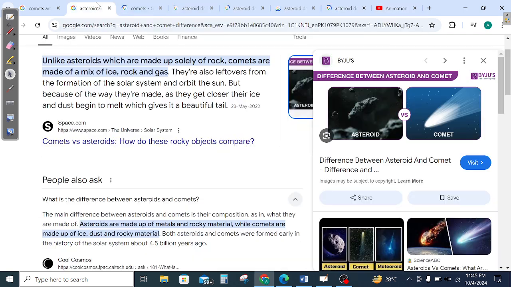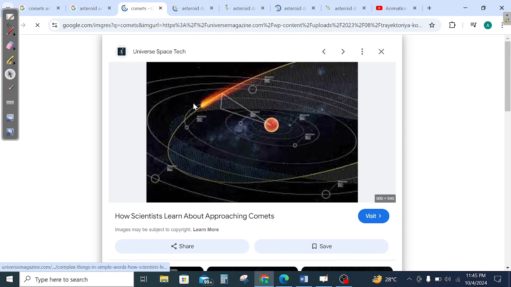I will refresh all the things so that you can understand. Just wait. Okay, this is also another picture. You can see these are 1, 2, 3, 4, 5, 6, 7 planets that are revolving around the sun, but this orange color is showing the orbit of the comets and asteroids.